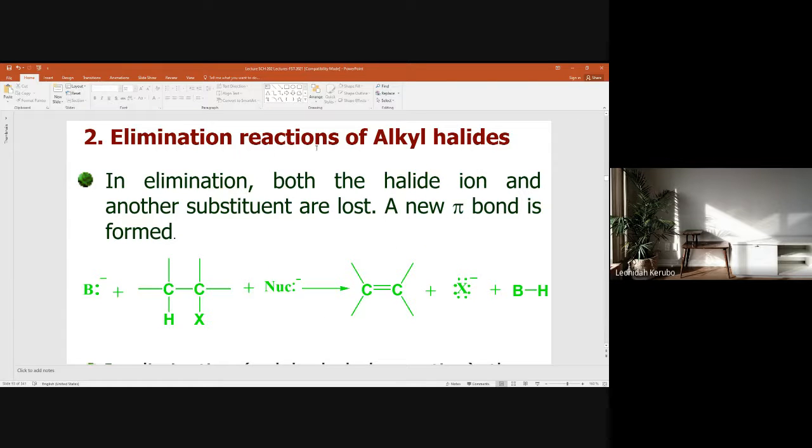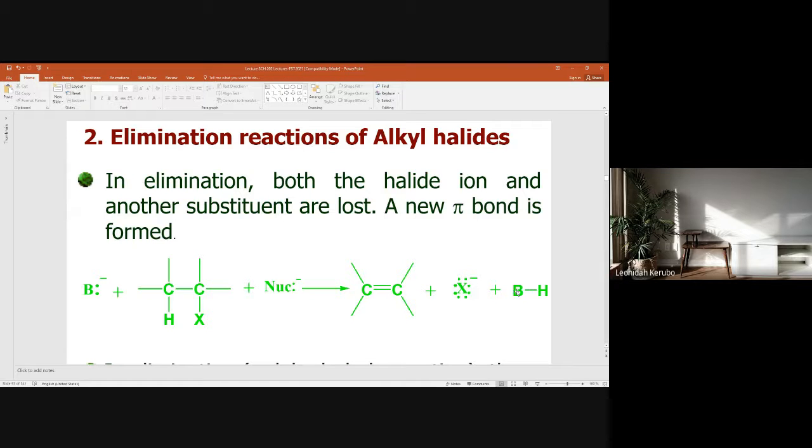For elimination reactions of alkyl halides, in elimination both the halide ion and another substituent are lost and a new pi bond is formed. To facilitate that, you always need a base for the reaction to take place, so that you have a double bond formed in the long run, along with the halide.